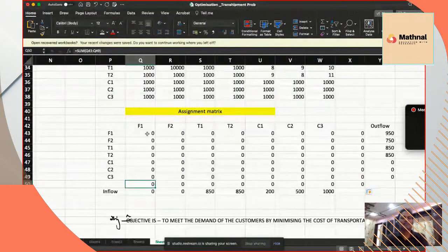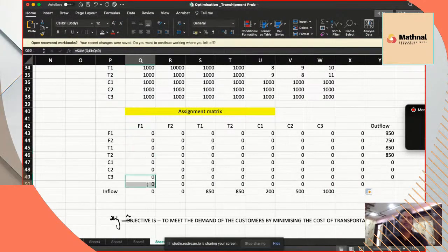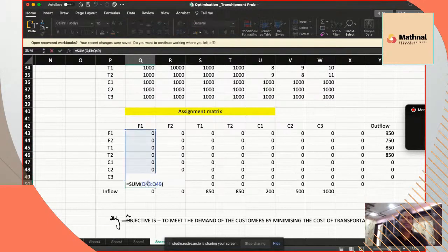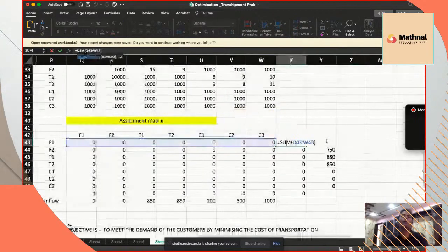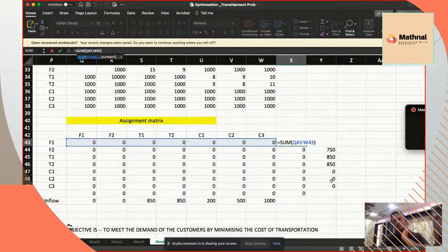Taking the formula, double click. So this is assignments. Whatever assignments the solver does for us has to be equal to this inflow value, and whatever assignments are done over here has to be equal to this outflow value. That's the constraint. We have to define the assignments, calculate the sum of assignments, and those have to equal the outflows and inflows we have defined.